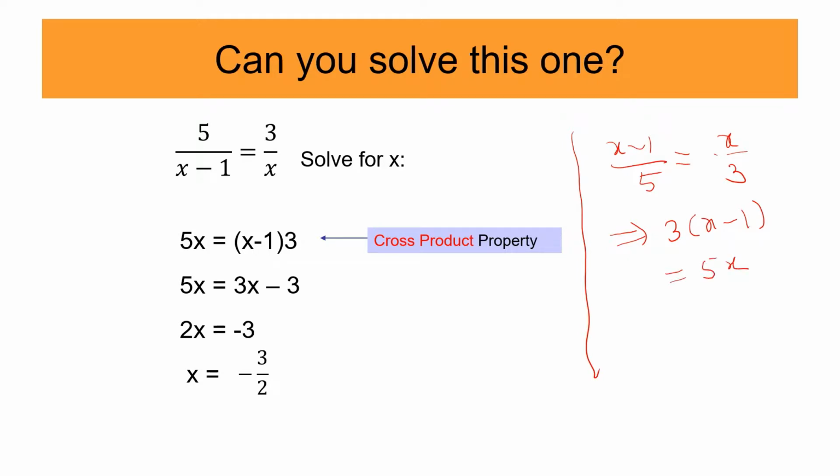After simplifying, we get 3x minus 3 is equal to 5x. After simplifying, we get 2x equal to minus 3, that is x equal to minus 3 by 2.